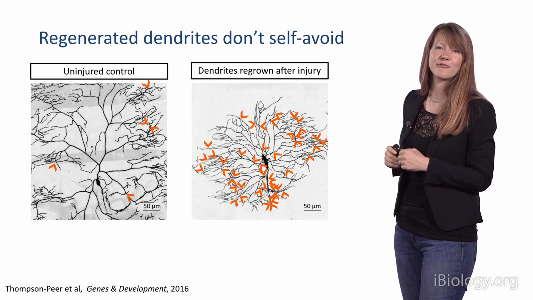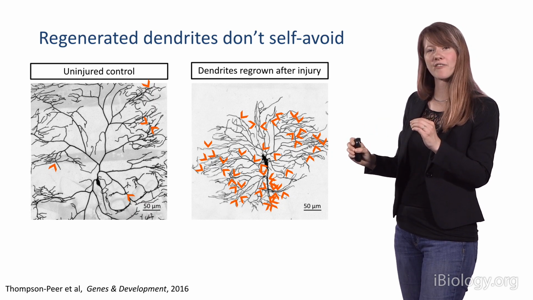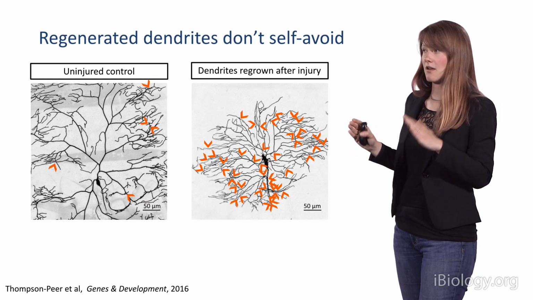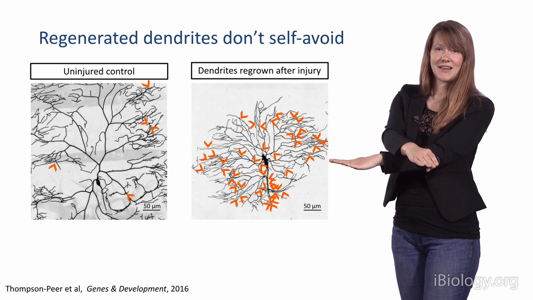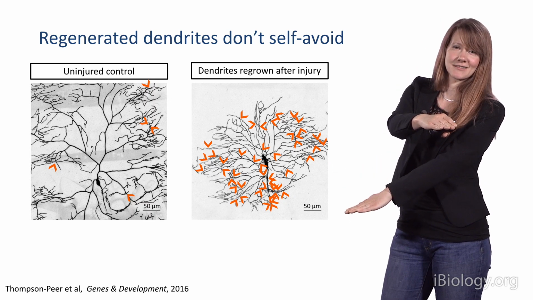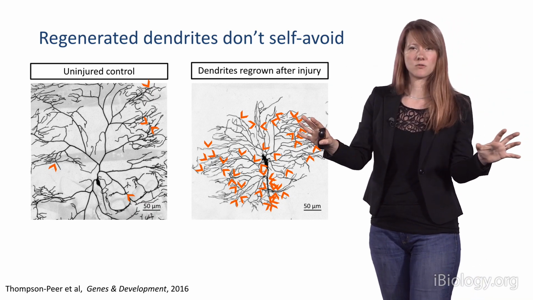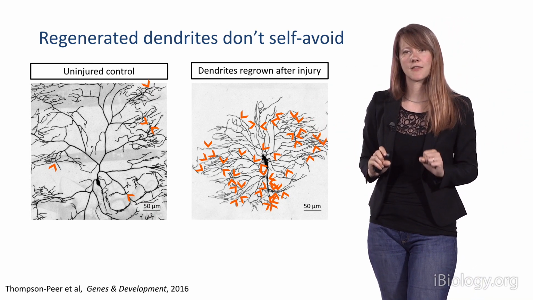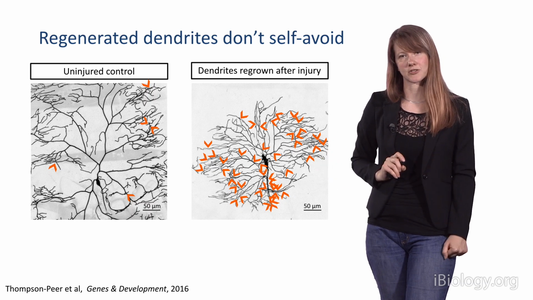And there are, in fact, failures in multiple pathways that are responsible for preventing these kinds of things. There are failures in the pathways that are supposed to prevent touching crossings, and there are failures in the pathways that are supposed to prevent not touching crossings, okay? So these dendrites are ignoring multiple cues from their environment that are supposed to determine where they place their dendrites in space after injury.